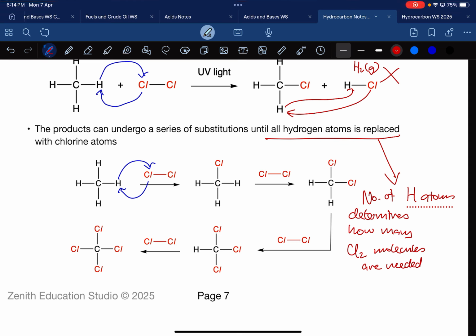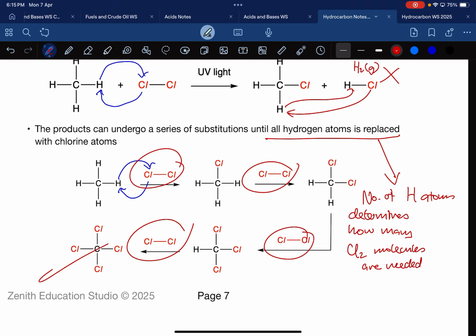Every Cl2 molecule substitutes one hydrogen atom. Just because your Cl2 contains 2 chlorines doesn't mean it can substitute two hydrogens. If I have 2 H, then I only get... You cannot have 2 H. Minimum is 4. So I must have 4 Cl2 molecules. Correct. 1, 2, 3, 4 for full substitution. Cool?